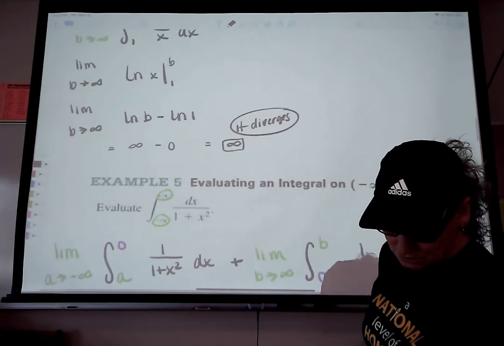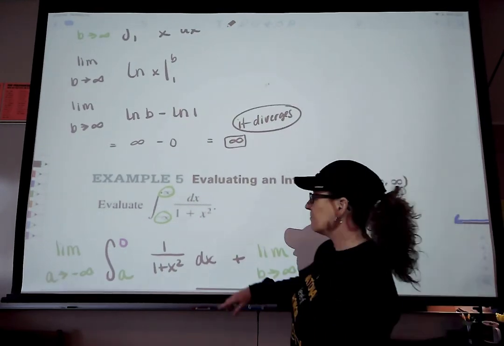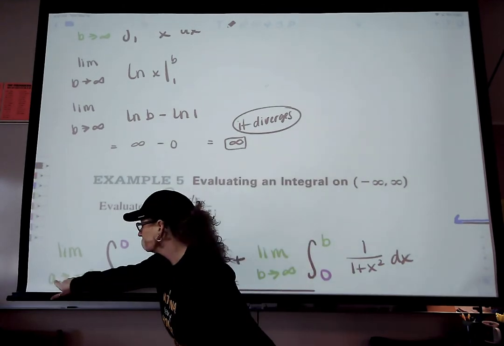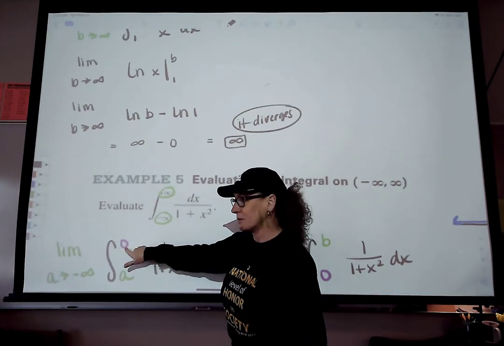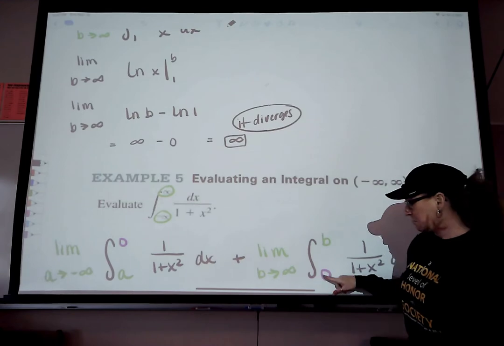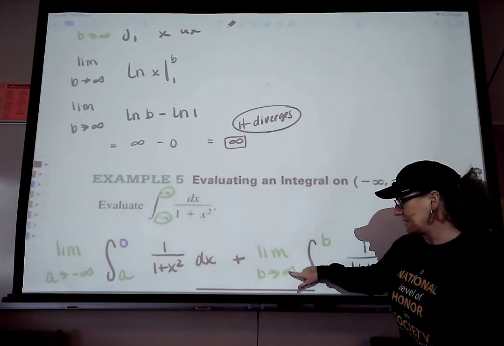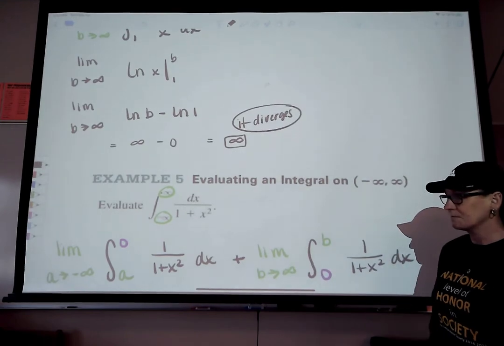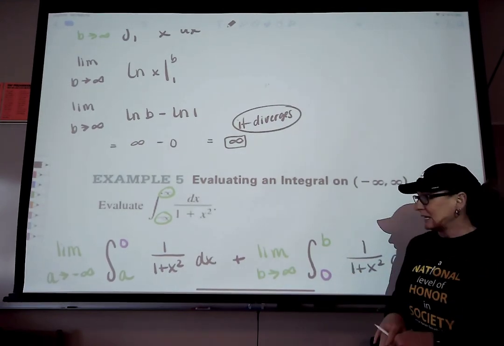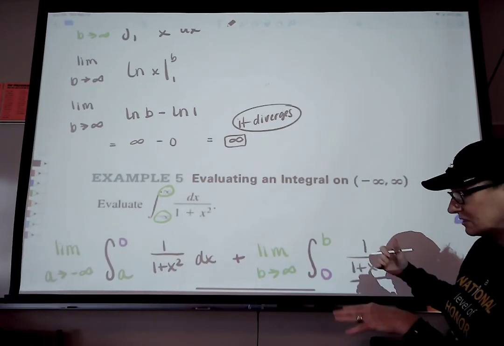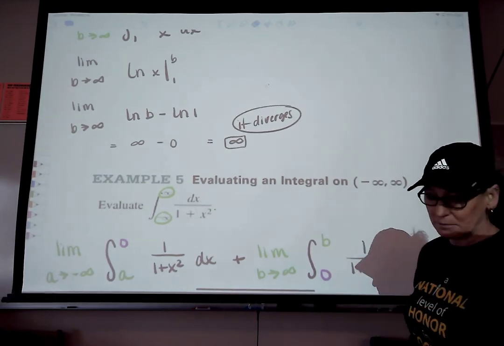So, called this A, stopped it at 0. Picked this one up at 0, called this B, sent B to infinity. Okay, that's the setup. Now it's a matter of antiderivatives, subbing in, evaluating limits.